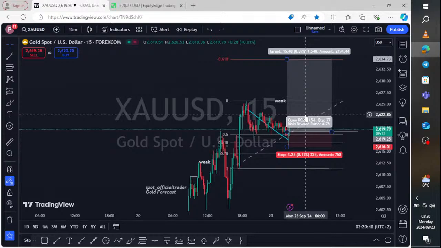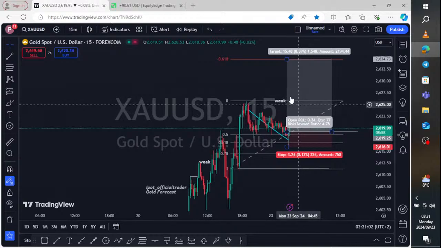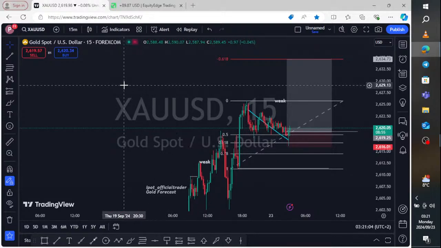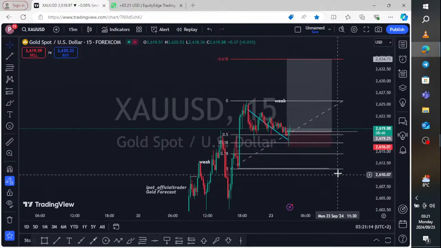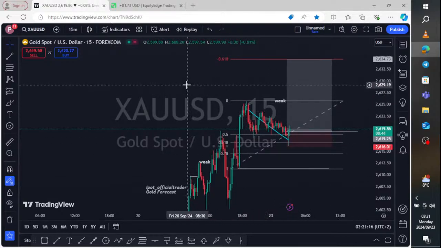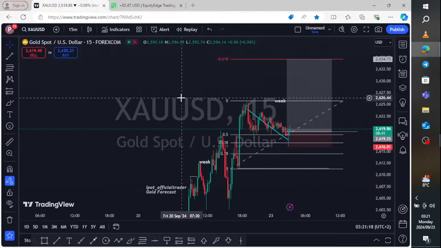Okay, so I'm targeting $1,000, basically $1,055. That's okay, but I'll be taking my profits at anything 1,000 or anything less than 1,000, maybe 800 or somewhere around $900. That's what I'm actually targeting at this point on gold.